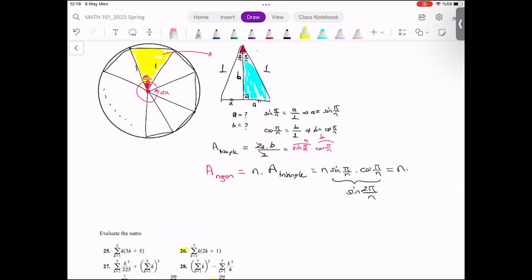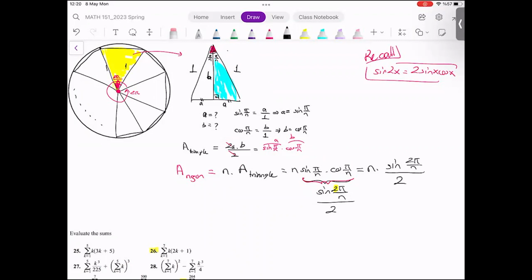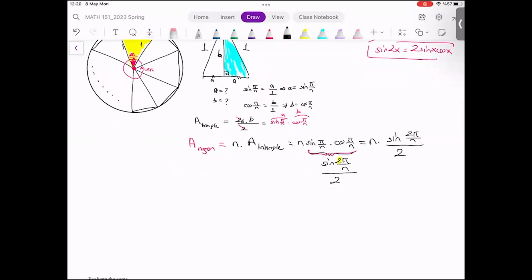Sorry, you see I put this coefficient 2 here, but then I need to divide by 2. You remember the double angle formula, right? Let me remind it here. Recall, sine 2x is 2 times sine x cosine x. This is the formula. You see I have the sine x cosine x part here. It should be sine 2x divided by 2. That's what I did here. That's why this result is n times sine of 2 pi over n, over 2.